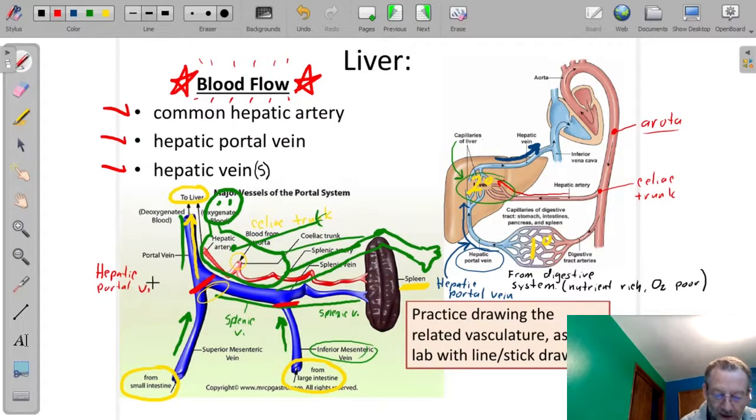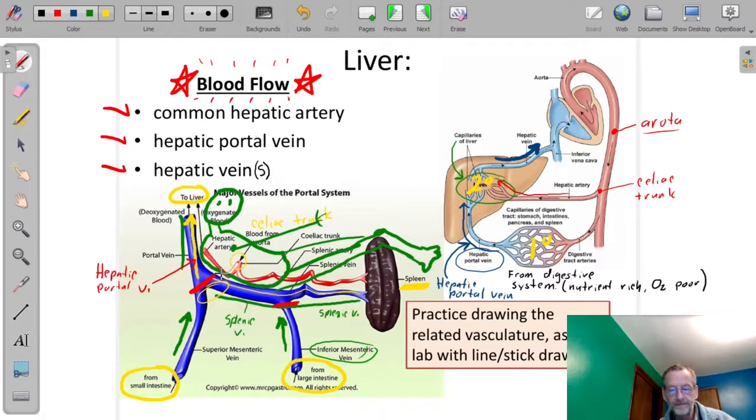So it will help you if you know where these veins end and the name. The tricky part perhaps is that this is the splenic vein all the way through to the point that it merges with the superior mesenteric.